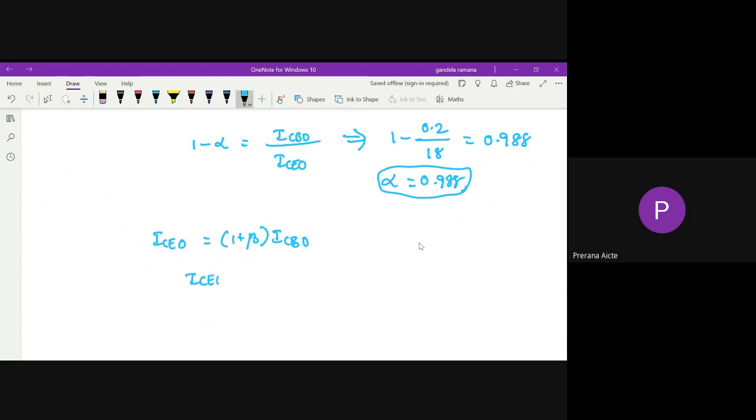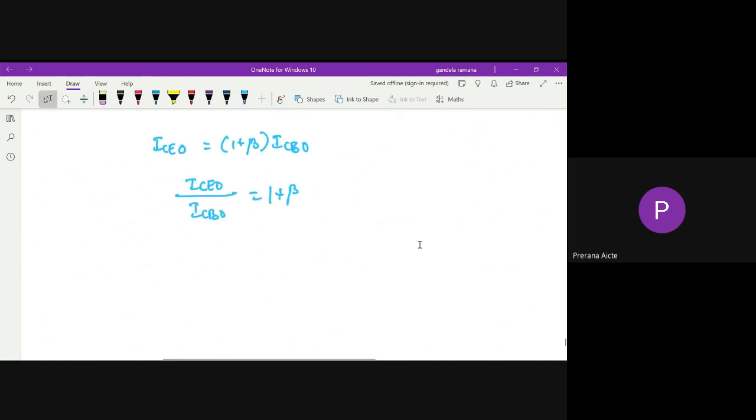So ICE naught by ICB naught is equal to 1 plus beta, so beta is equal to ICE naught by ICB naught minus 1. What is the value of ICE naught? 18 by ICB naught value 0.2, minus 1. What do you get? 89. So the beta value is equal to 89.